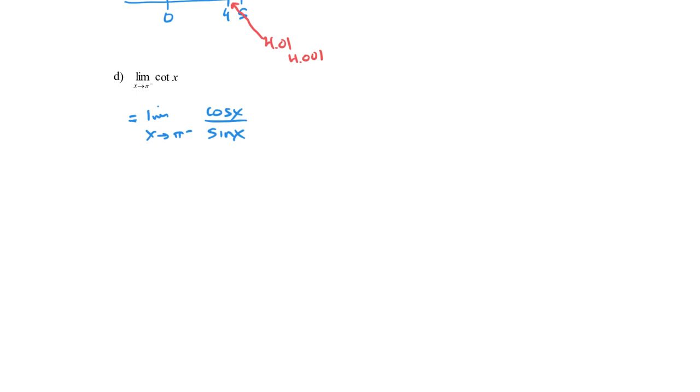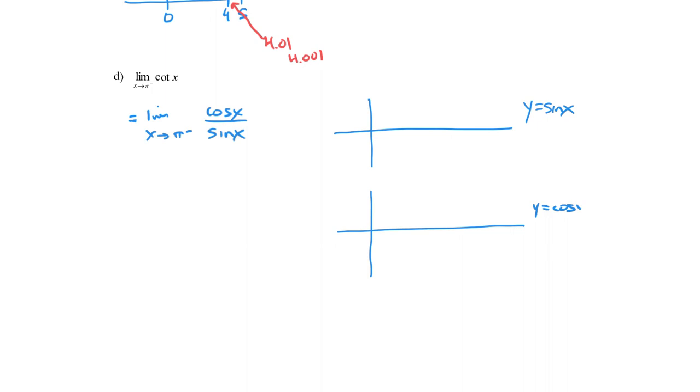And then these two graphs, y equals sine of x and y equals cosine of x, are two we absolutely have to know. If we want to be successful in calculus, we have to know these two graphs.